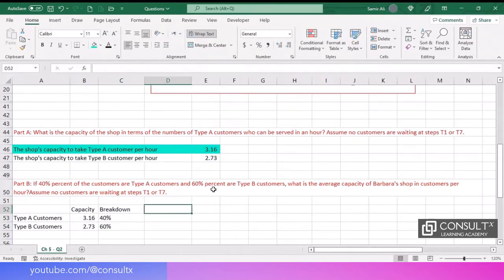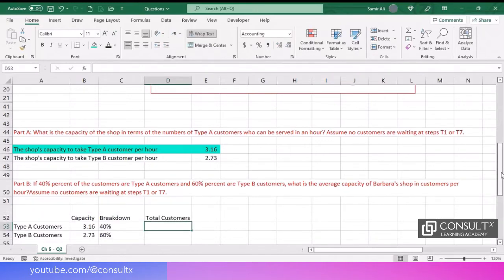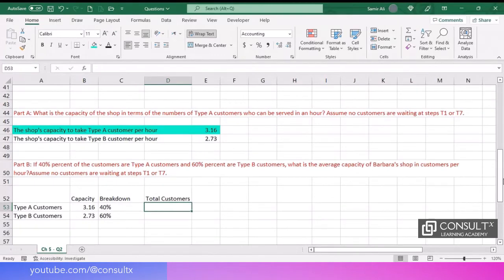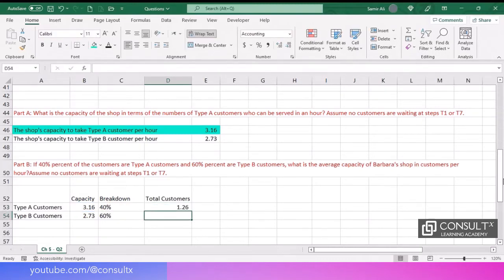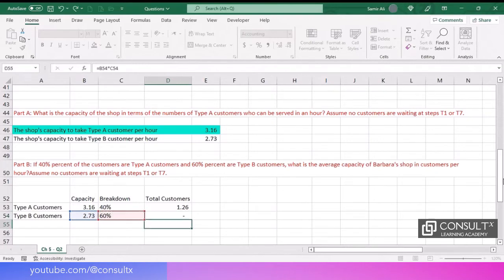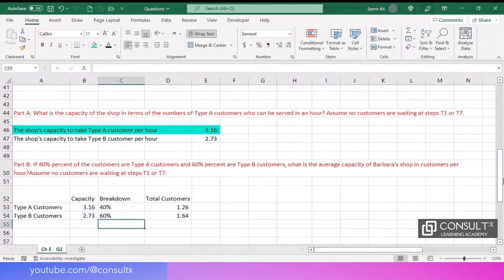And for total customers, what we do is simply multiply capacity by the breakdown, 3.16 multiplied by 40%, and then 2.73 multiplied by 60% for type B. And then we add these two up. 2.9 is the average capacity the barbershop can take.